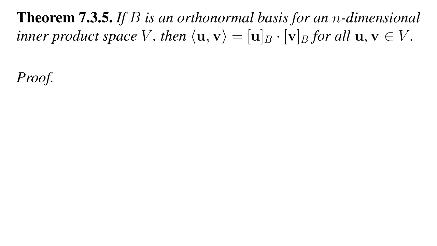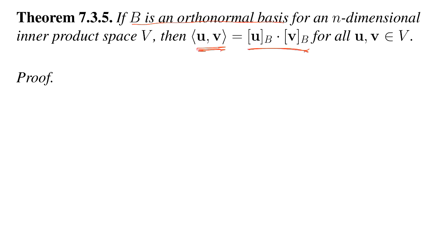So on any abstract n-dimensional inner product space, if you pick an orthonormal basis, so let B be an orthonormal basis for your space, and you write coordinate vectors for your vectors with respect to that orthonormal basis, then computing these abstract inner products is exactly just taking dot products, just Euclidean high school dot products, of the corresponding coordinate vectors.